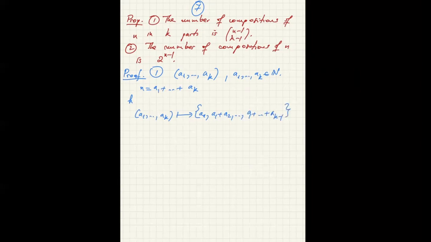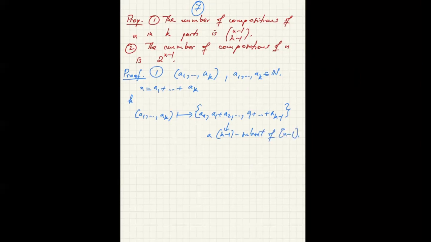So not the whole sum, but up to a1 plus ... plus a(k-1), which I claim is a (k minus 1)-subset of the set {1, ..., n minus 1}.